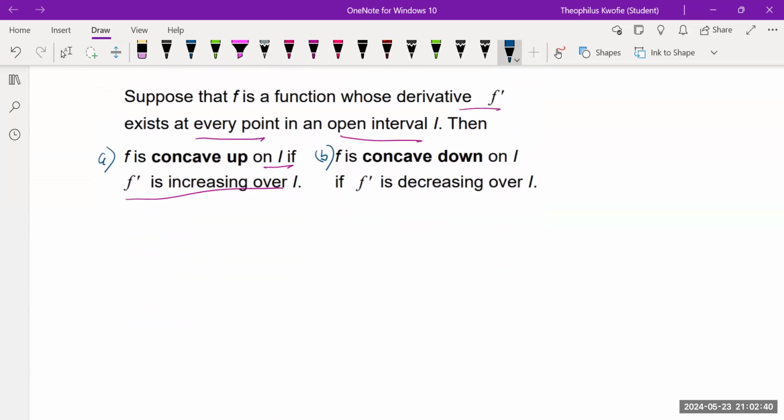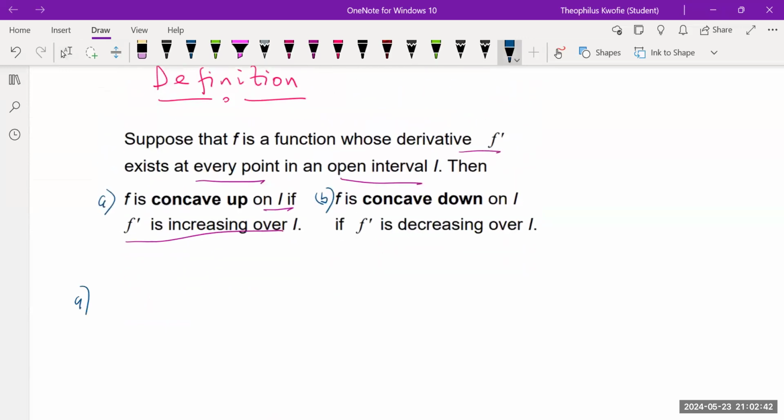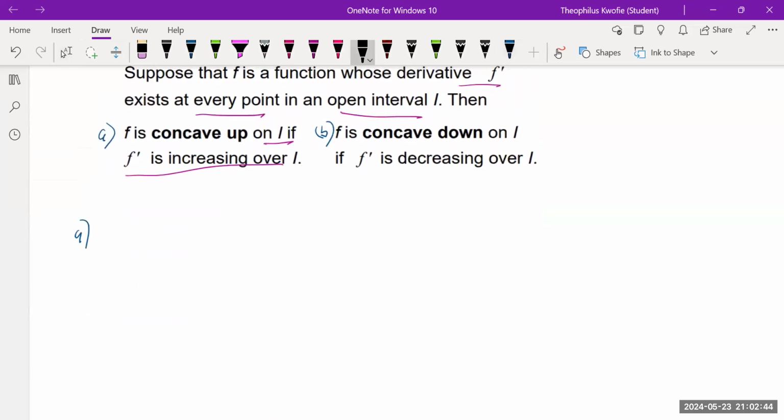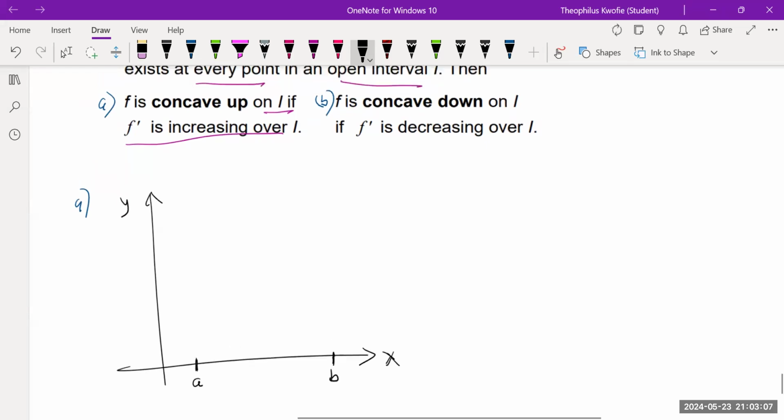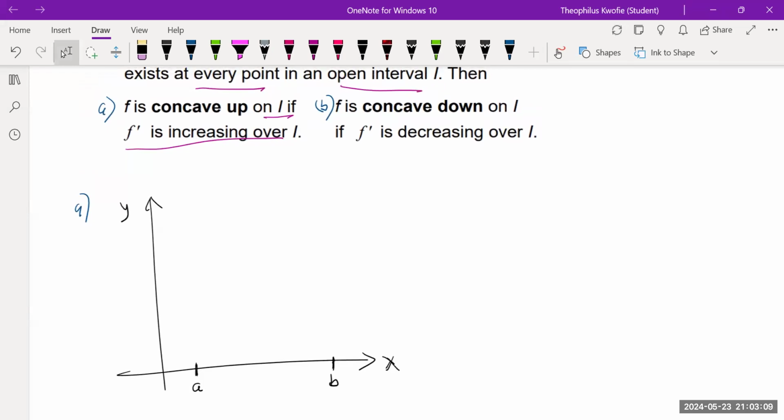So I'm giving a graph of the A part. Suppose we are in this xy plane, and our x is the interval, where we use a and b as the interval.